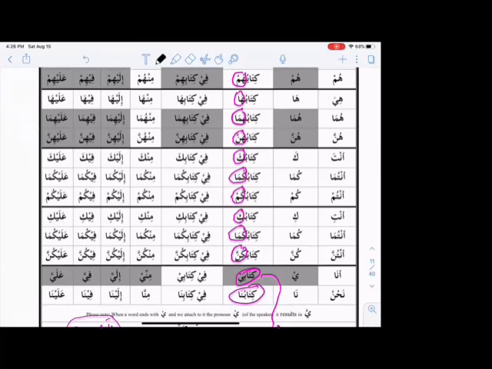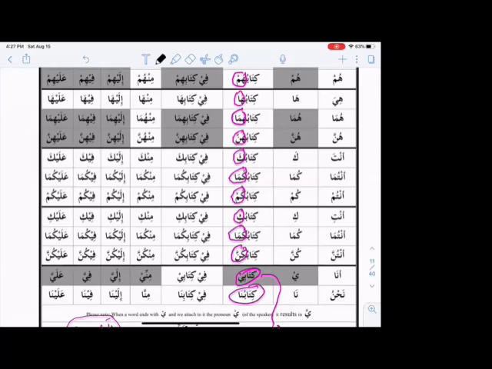My favorite is Rabbuhu, Rabbuhuma, Rabbuhum, Rabbuha, Rabbuhuma, Rabbuhunna, Rabbuka, Rabbukuma, Rabbukum, Rabbuki, Rabbukuma, Rabbukunna.